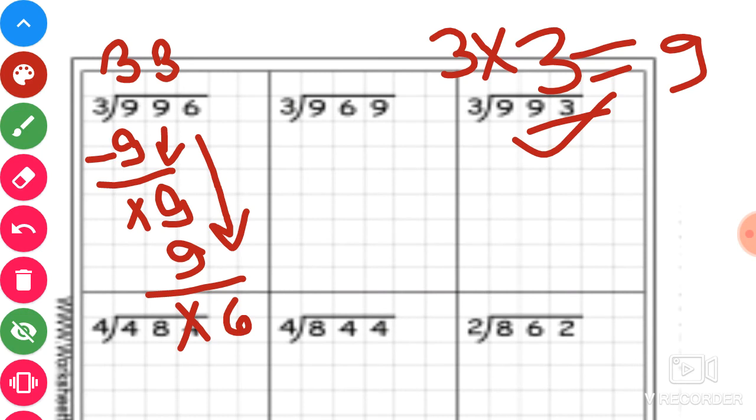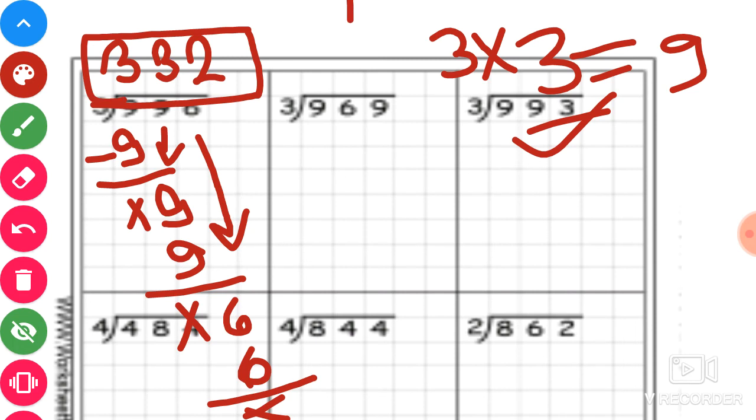Yes, we do. 3 2s are 6, and again we will put a cross. So our quotient is 332. Okay.